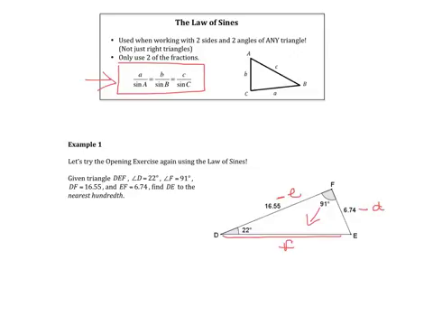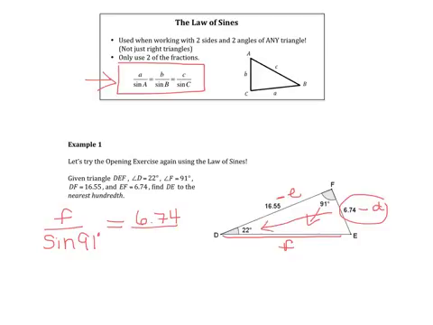Now we can set up two ratios. I'm looking for side f, and that is across from the 91 degree angle, which is angle F, so f over sine of 91 degrees is equal to, I have the length of d, 6.74, as well as the angle that's across from it, which is 22, so sine of 22.